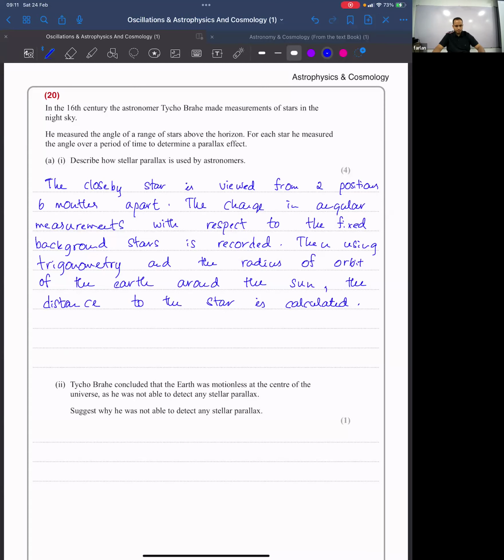Right. The next one, part 2. He concluded that the Earth was motionless at the center of the universe, as he was not able to detect any stellar parallax. He decided, no, the Earth is motionless. Suggest why he was not able to detect any stellar parallax. What could be the reason? The angle he measured is too small.